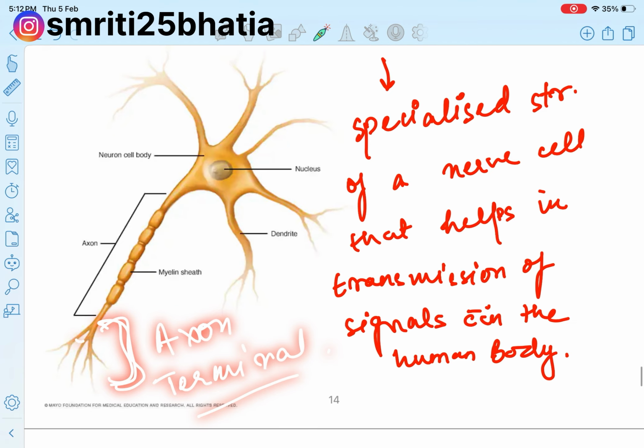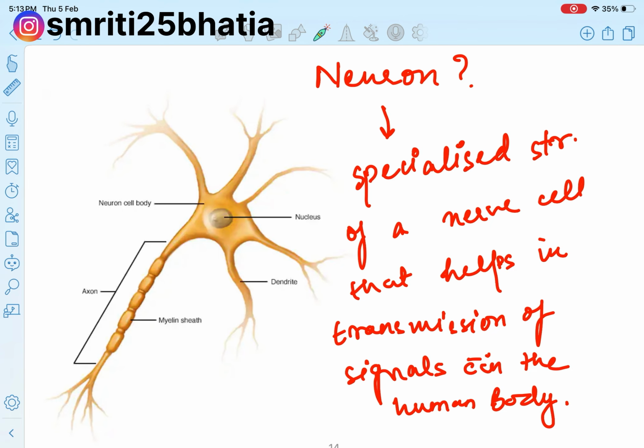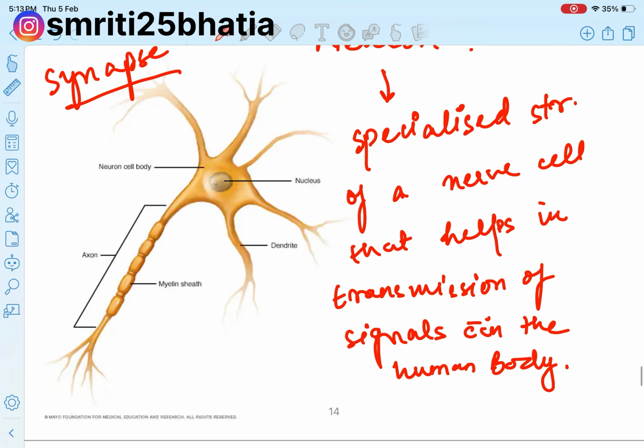One more important thing that we should know is the synapse. What is the synapse? Do you know that? Suppose this is the ending of neuron number 1, and from here there will be the dendrites of neuron number 2.